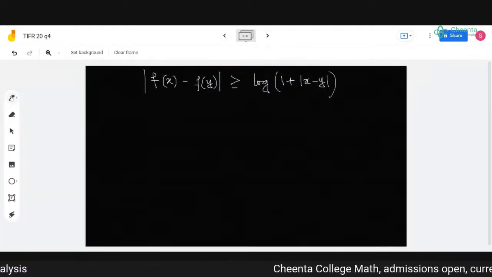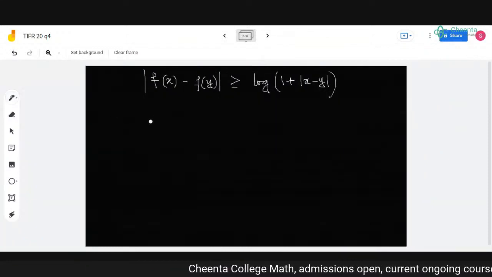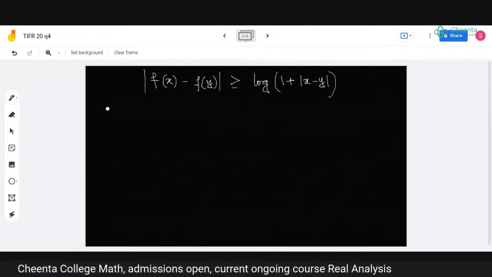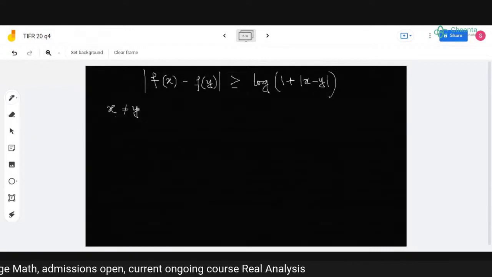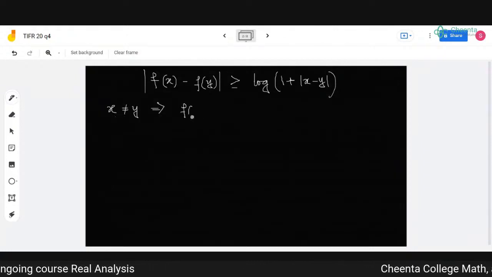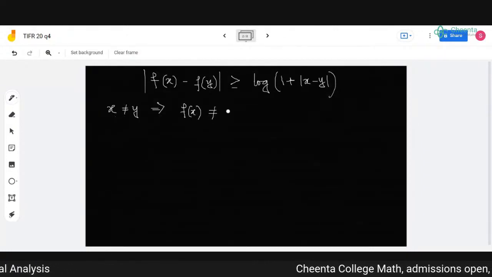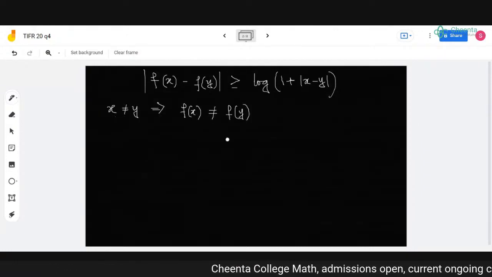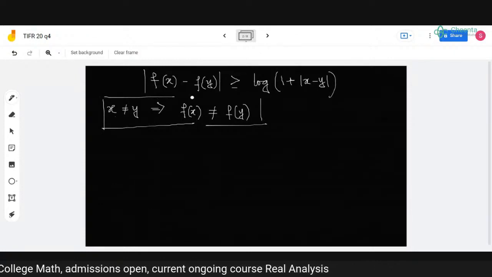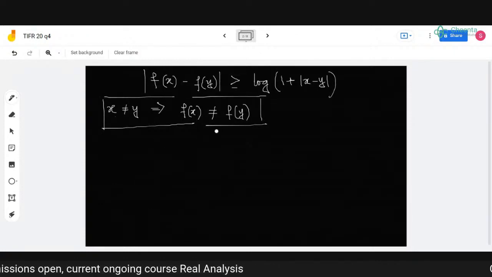Otherwise, rigorously, if you want to do it, you can also try this way, that x not equals to y implies f of x not equals to f of y. All right, so this is one of the equivalent definitions for injectivity.